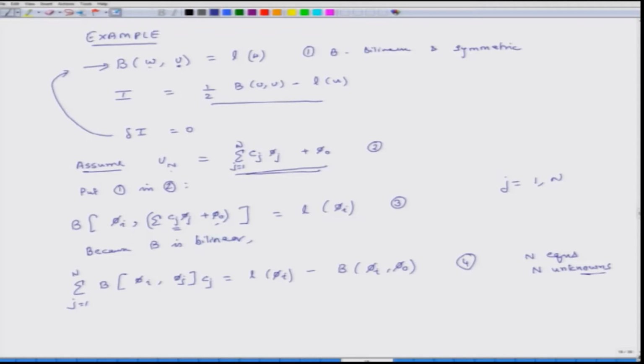Essentially what I will get is a B matrix multiplied by a vector C, equal to a vector F. So this is known, this is unknown, and this is known.